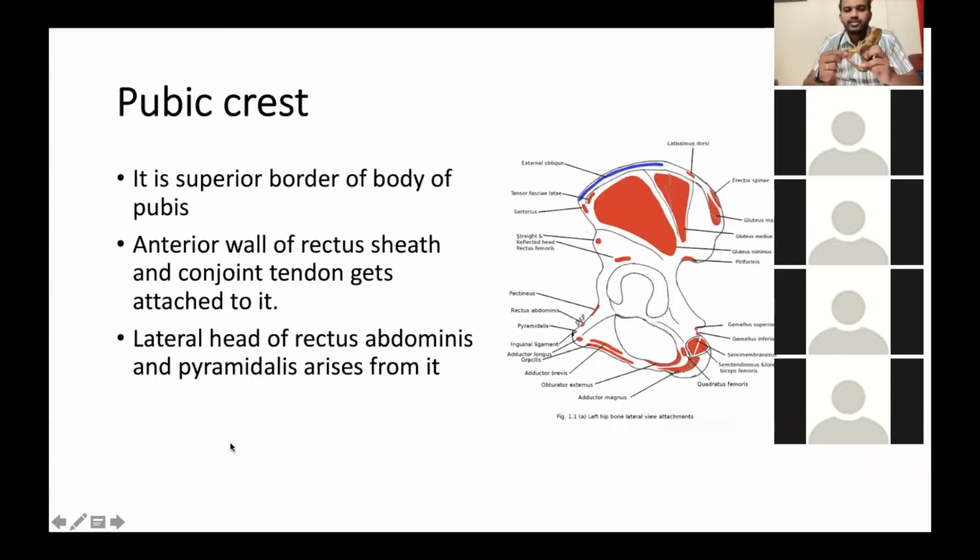The pubic crest, if you see, is the superior border of the body of the pubis, the upper border.